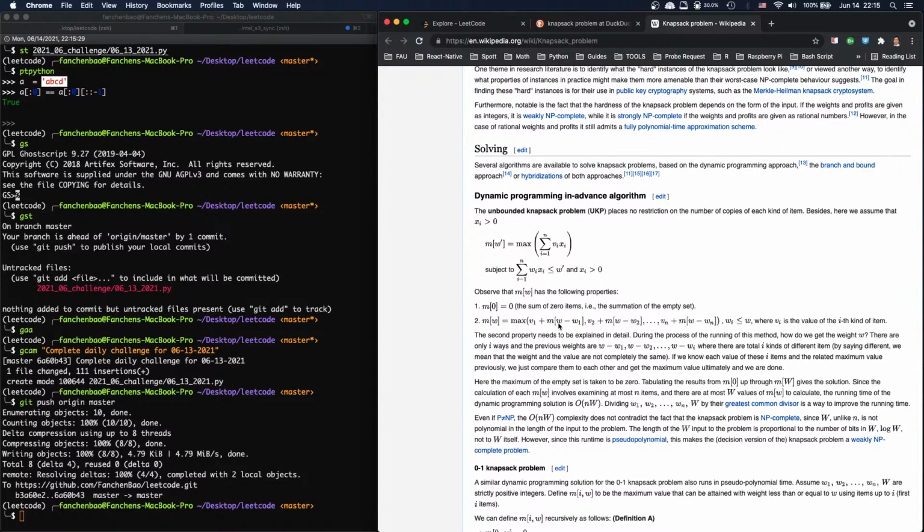So the max of weight minus, this is like if we take each one, right? We take each one and we need to find a maximum of the remaining ones. Yeah, I think I was on the right track.